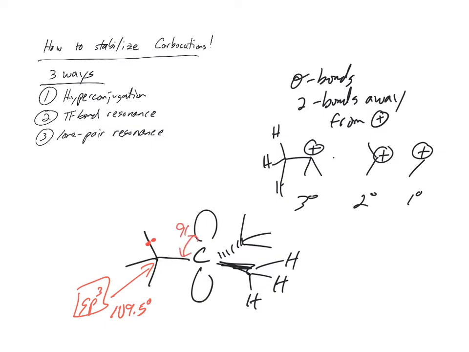It's 90. So they don't quite match up. Could this do resonance? No. But is it sharing a little bit of this electron density? A little bit, and so it's helping a little bit. All of these 9 sigma bonds, 2 bonds away, are helping a little bit. So it helps, but it helps the least.